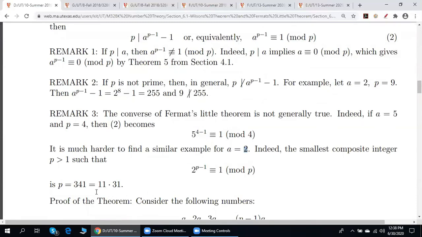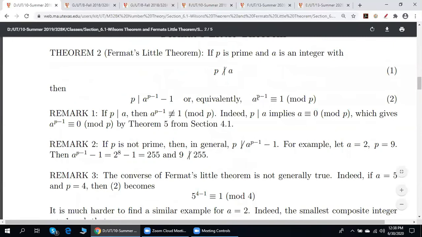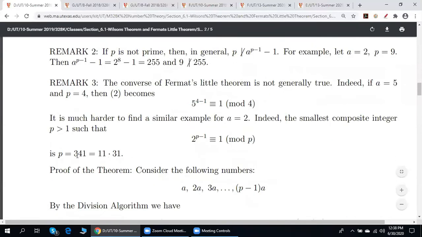One can show that the lowest positive integer, such that this integer is not prime, but this is true, is 341. 2 to this power is congruent to 1 modulo p, but p is not prime.